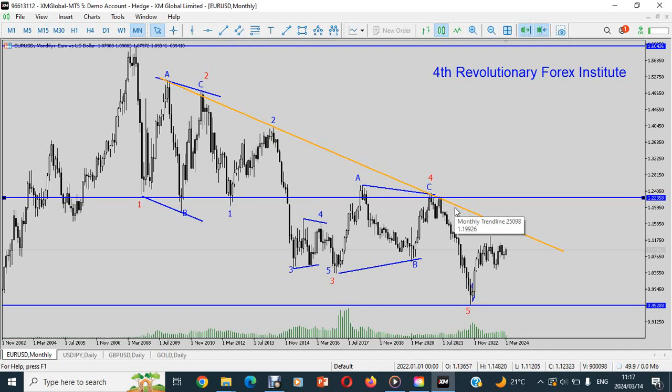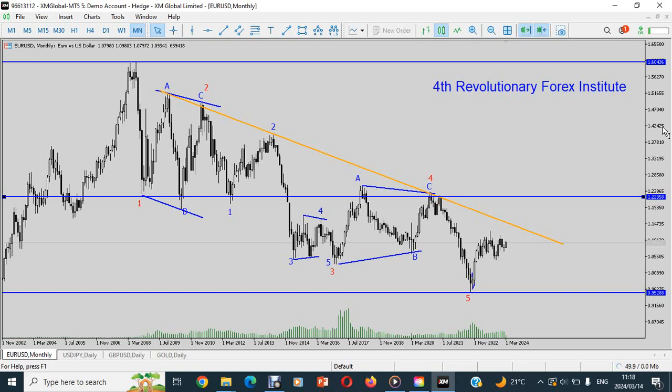So we expect the market to change direction if the market breaks this downward trend line, and if it's possible, the market might also break this last lower high, which is around 1.22358. So for now, in terms of the bigger picture of Euro USD, we can just say that the market is still in a downward direction, or still bearish.